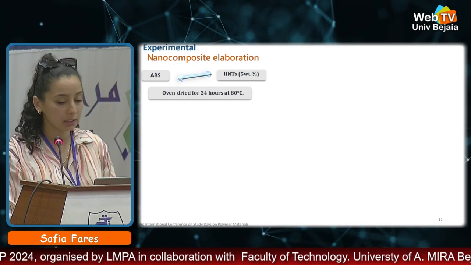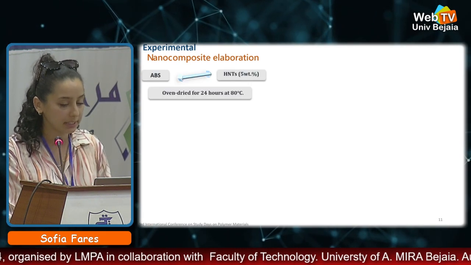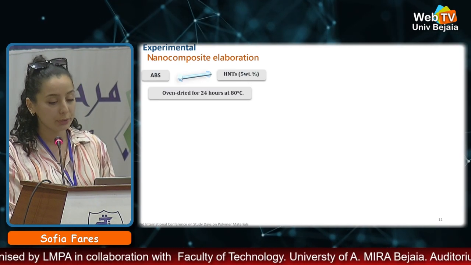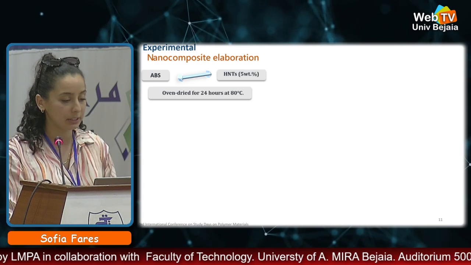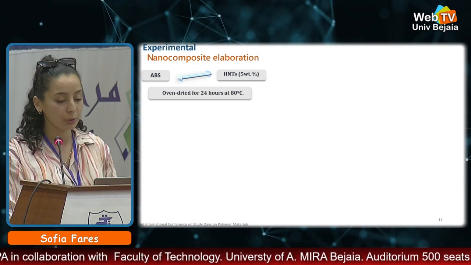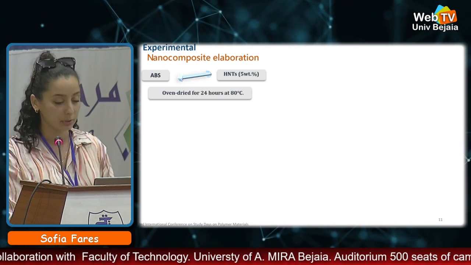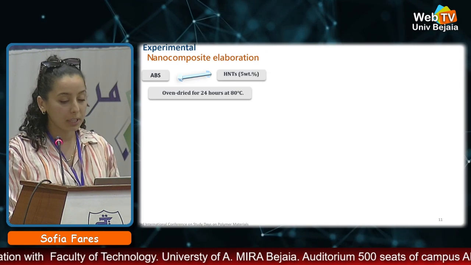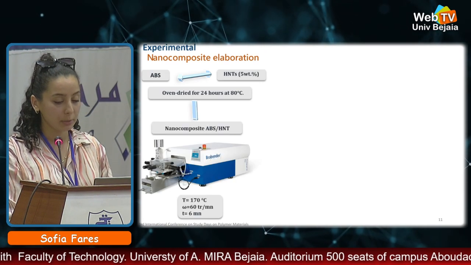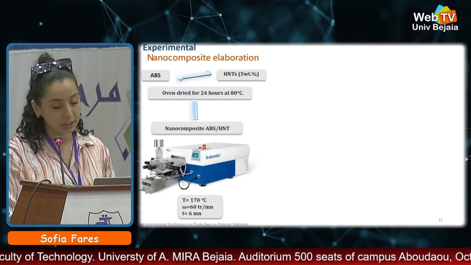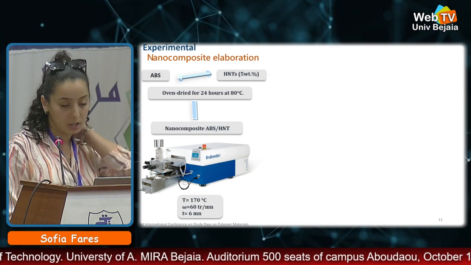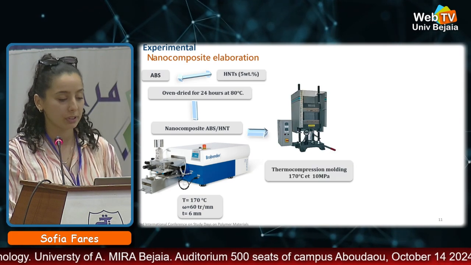Prior to processing, virgin ABS, e-waste ABS, and HNT were dried for 24 hours at 80 degrees Celsius to remove all humidity present in the samples. The processing was carried out using an internal mixer and molding using thermocompression. And then we have the samples shown in Figure 6.